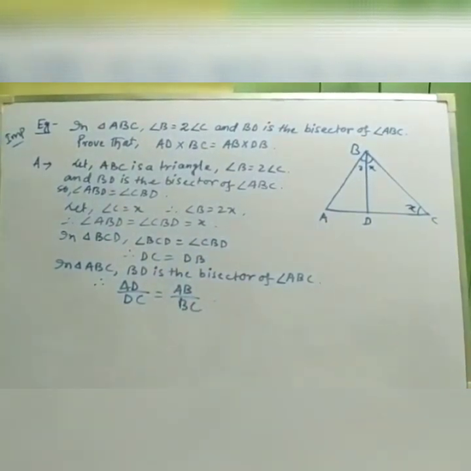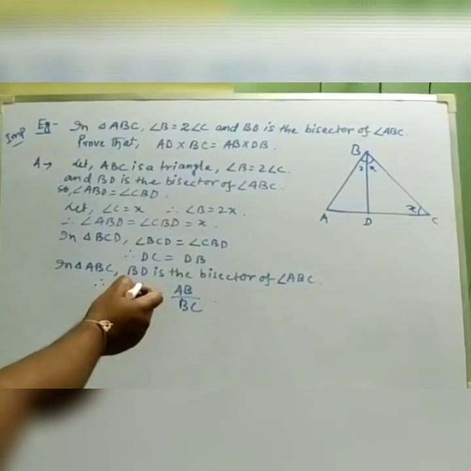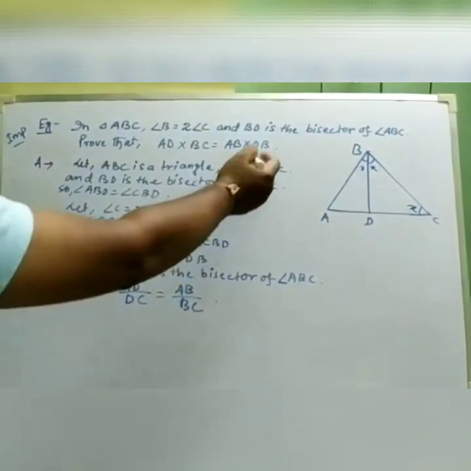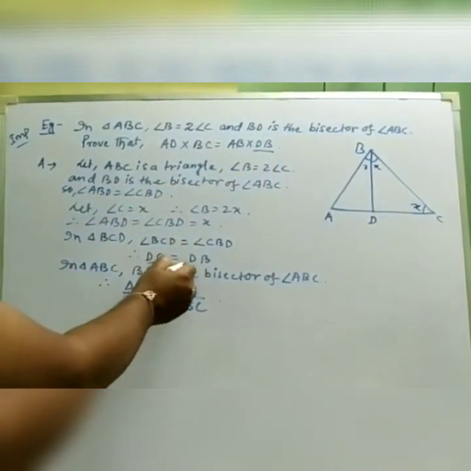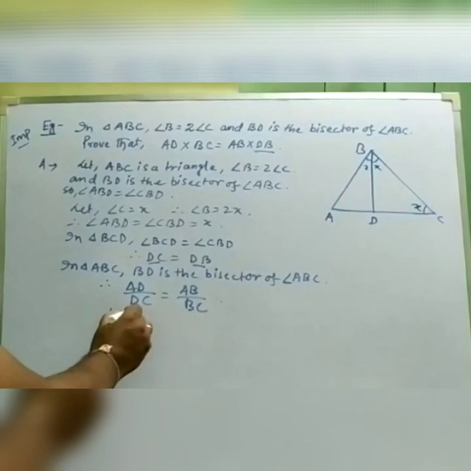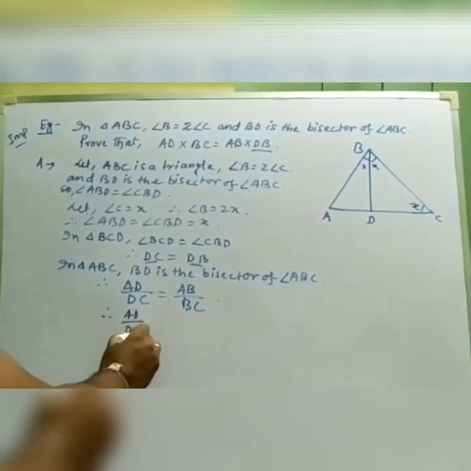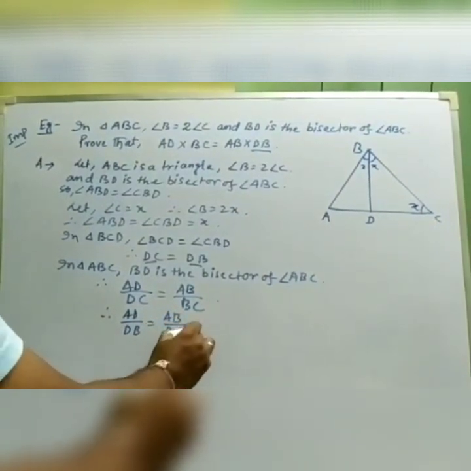So we have AD by DC equals AB by BC. Now we replace DC with DB. Why will we replace? You can see in the proof there is DB, so we replace DC with DB. So here it becomes AD by DB equals AB by BC.